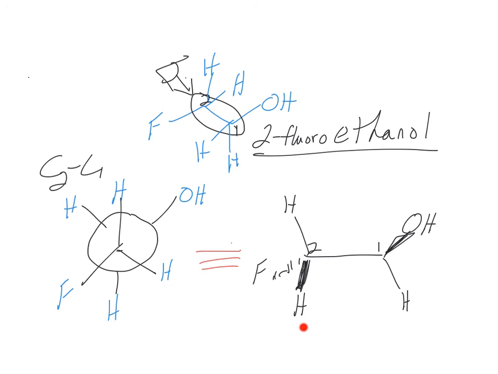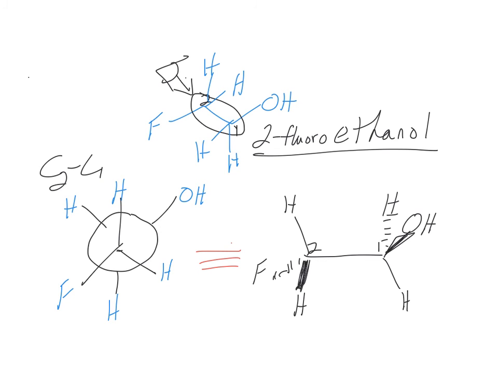This H was wedged, so this OH has to be wedged too. If we're looking at it, they're both to my right. This other H is going to be hatched then, up and to my left. So you should be able to go back and forth between these. Build a model. You have your model kits with you. Build a model.